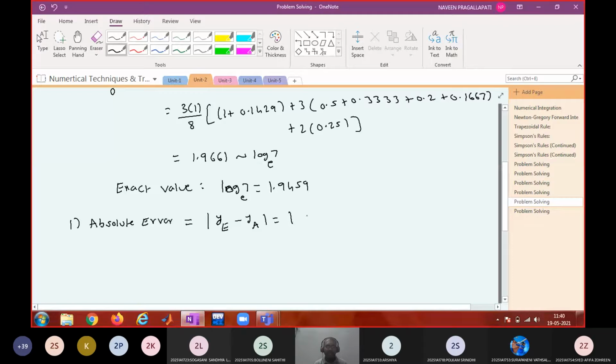The y exact value is 1.9459 minus 1.9661. So what is this value? Can you please tell me?